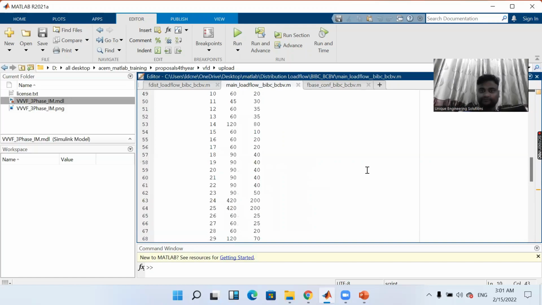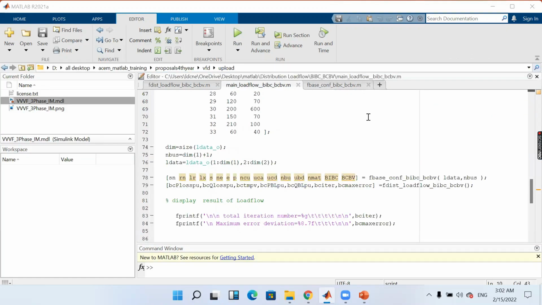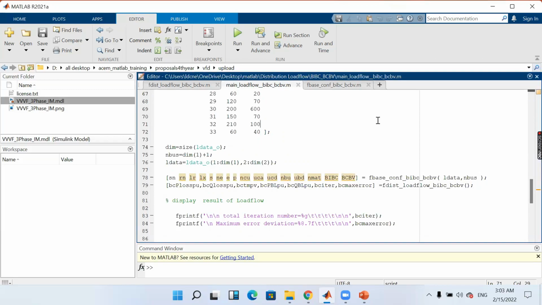That is, here we have to calculate the BIBC and BCBV matrices. In this method, I have used two functions, that is base configuration BIBC BCBV as well as distribution load flow BIBC BCBV.